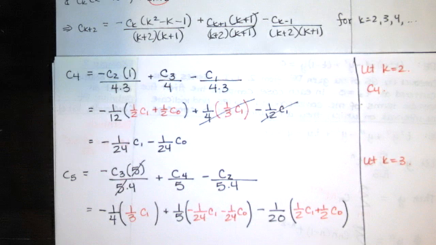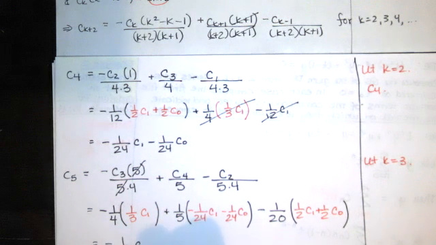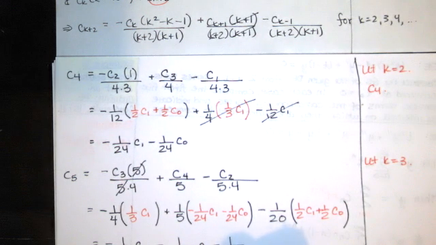So we just need to simplify now. Negative 1 over 12 c sub 1 minus 1 over 120 c sub 1 minus 1 over 120 c sub 0, minus 1 over 40 c sub 1, minus 1 over 40 c sub 0.